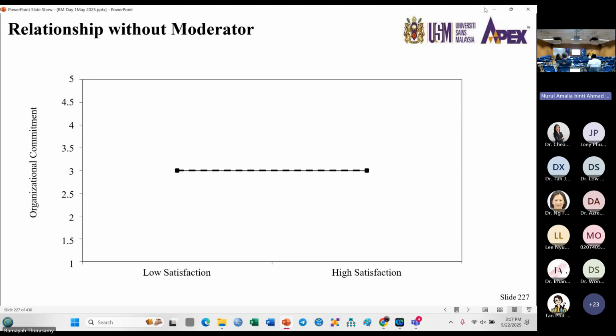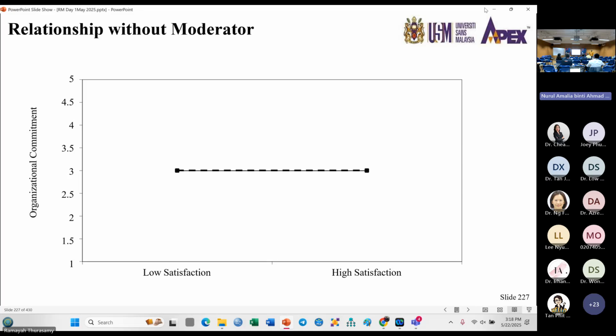No, not this one, from the theory. What is the relationship between satisfaction and commitment? Positive or negative? Positive. But here there is no relationship. This is the empirical finding, because theory says it is positive but the empirical finding tells you there is no relationship.